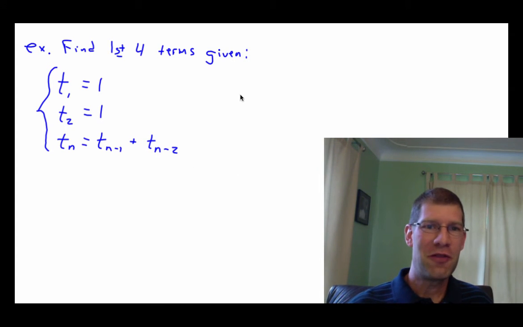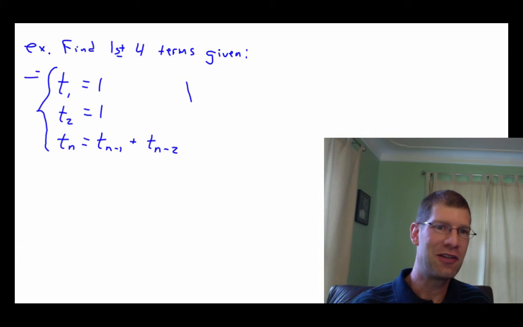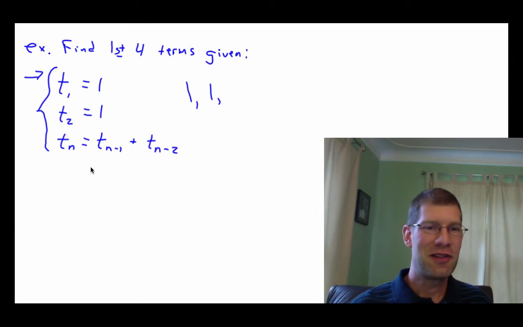But if we wanted to write out the first 4 terms, well, the first one is going to be a 1. That's just this top line here. It tells us, hey, look, the first term in the list is a 1. The second one, T sub 2, our second line, also has to be a 1. And this is the part that's a little bit different, and I probably shouldn't have gone here right away. But to find the nth term, you have T sub n minus 1.